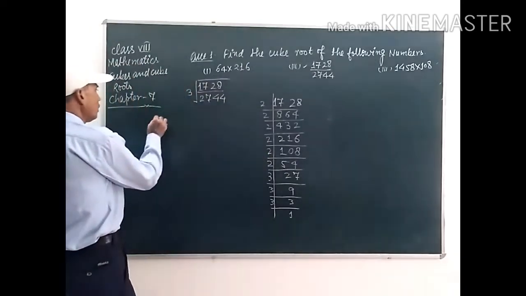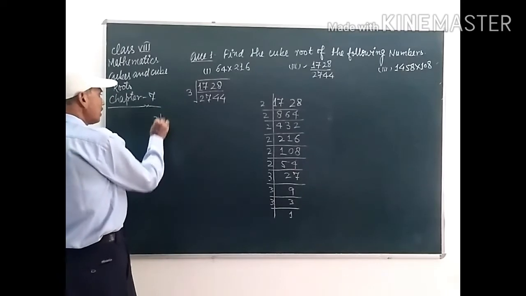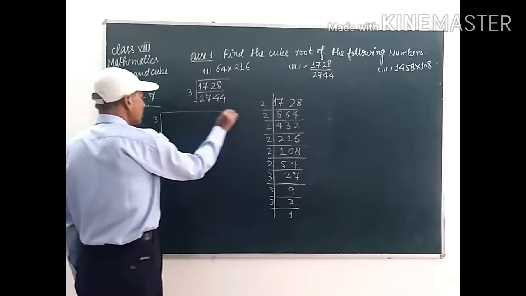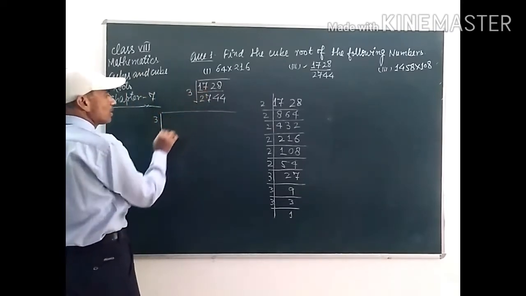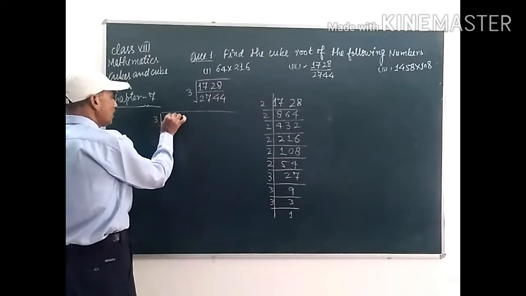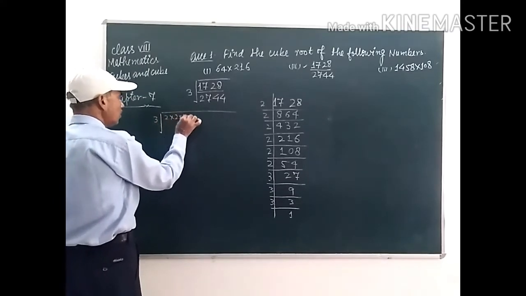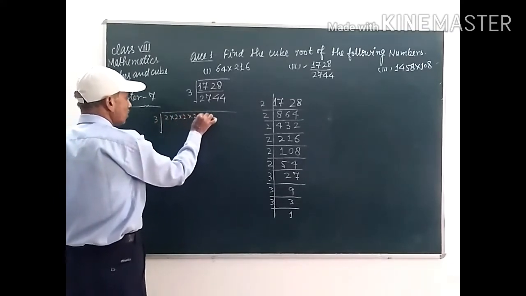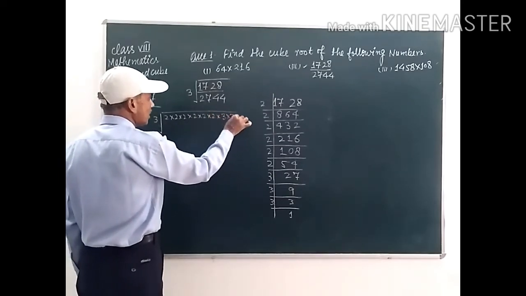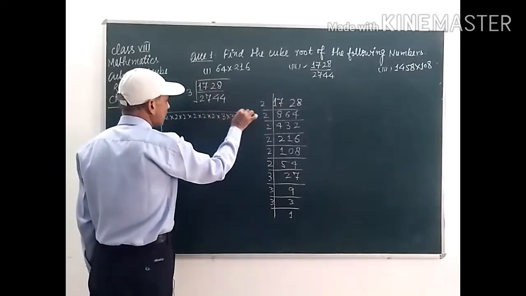Okay, so write the prime factors of the number. The cube root of 1728 is 2 into 2 into 2 into 2 into 2 into 2 into 3 into 3 into 3.